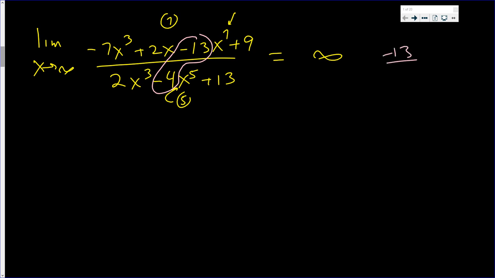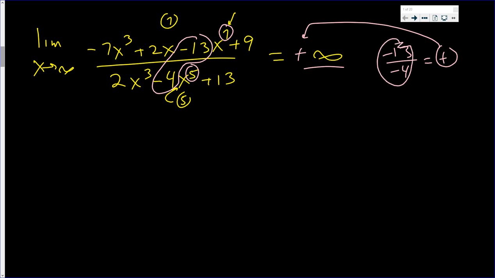Minus 13 over negative 4 is positive. You just want the sign, and that's the sign that goes in front, and that answer is positive infinity. Since the degree on the top was larger than the degree on the bottom, the answer is going to be infinity or negative infinity. Look at the sign of the division of a_n over b_m.